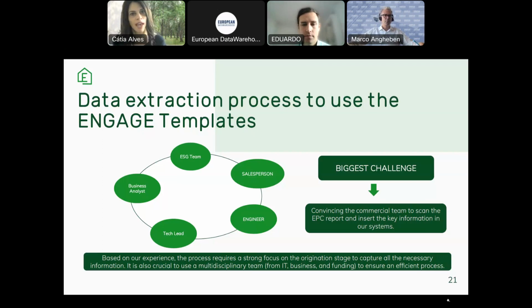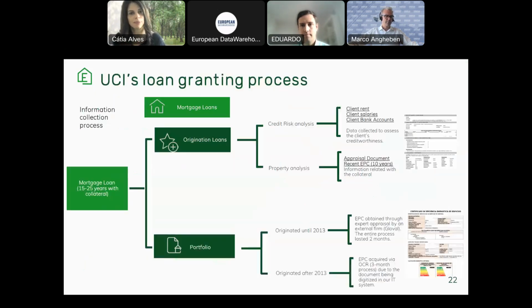Based on our experience working with ESG data since 2019, 2020, this process requires a strong focus on the origination stage to capture all the data that we need.